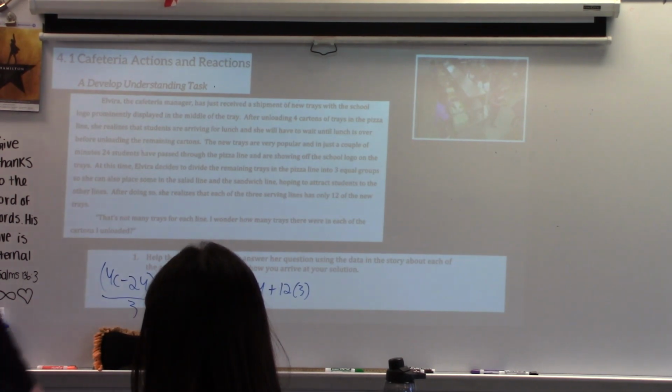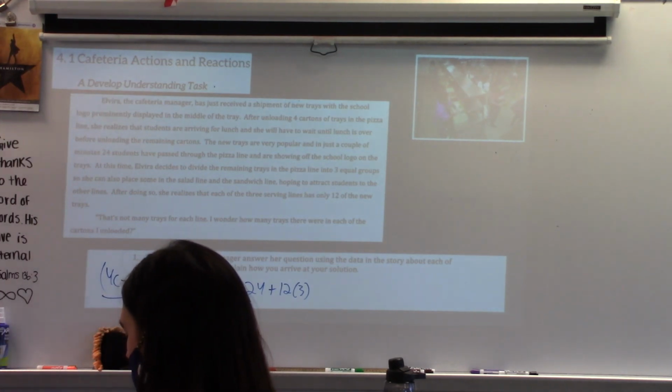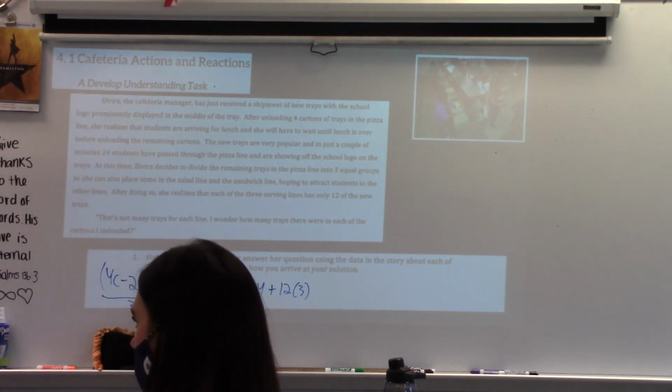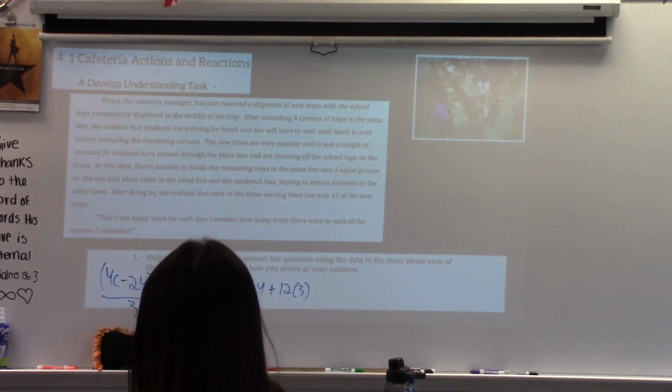This one's equal to 12, this one's equal to 24 plus 12 times 3. One's multiplication, one's division. Do we think that both of these are correct? Yes. They both give you the correct answer.